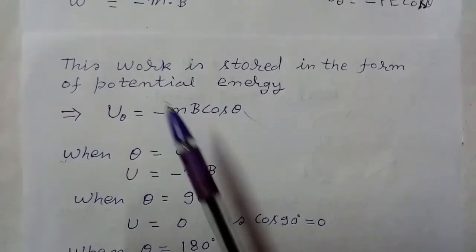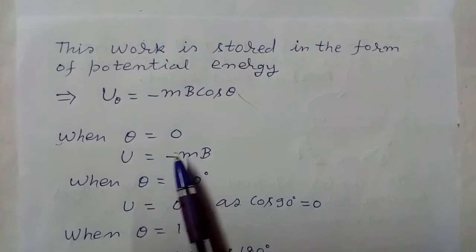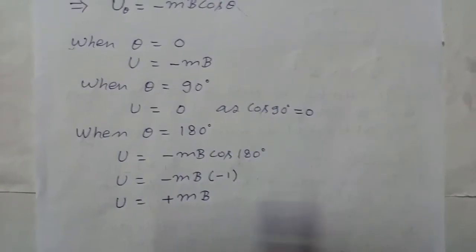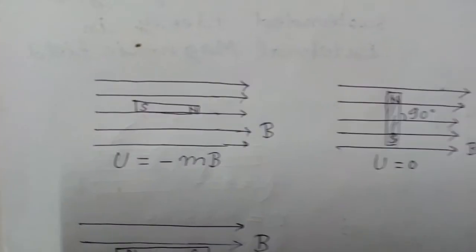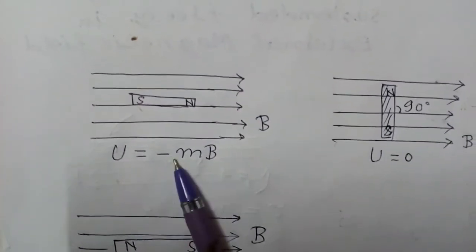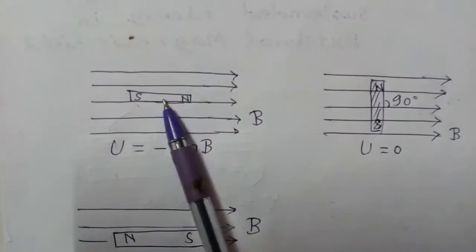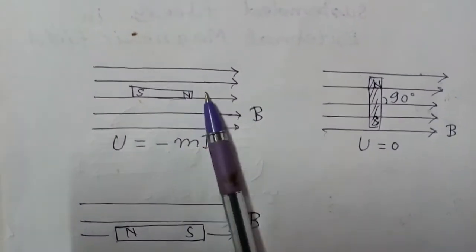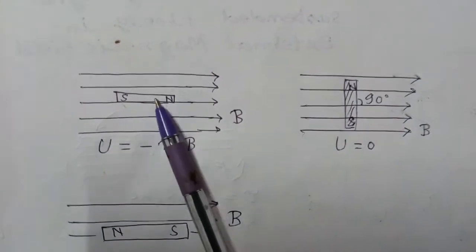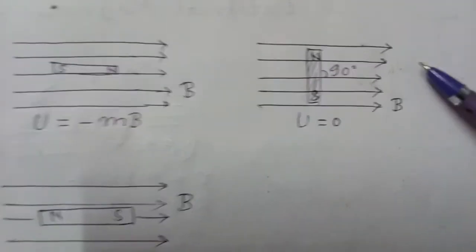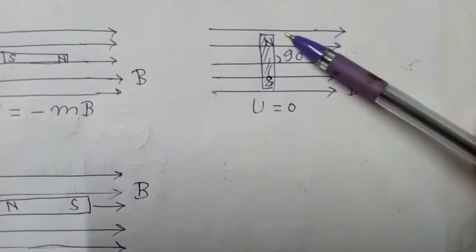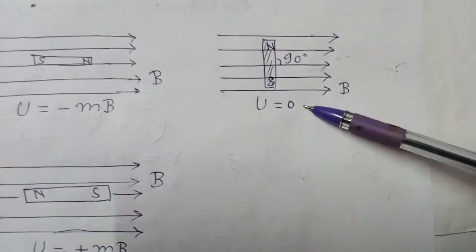Now when U is equal to minus MB, this is the most stable position and this is the most unstable position. So in this configuration U is equal to minus MB, this is stable because when you leave the magnet like this it will not rotate. This is its equilibrium position. When magnet is perpendicular like this, then U is equal to 0.